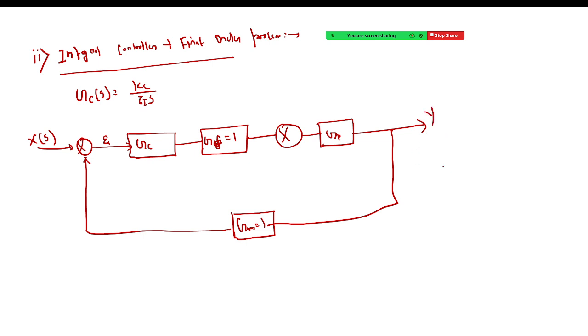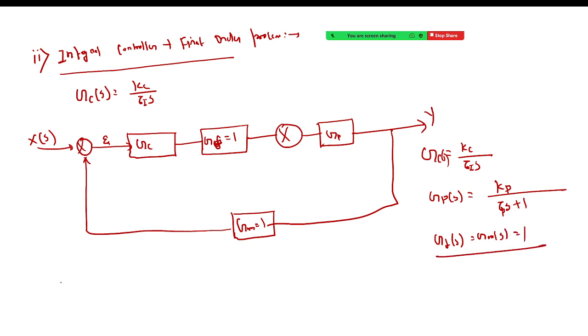Since this is an integral controller, its transfer function is 1 upon tau I S, in the S domain, and for the process I am using Kp upon tau p S plus 1. GF and GM are equal to 1.